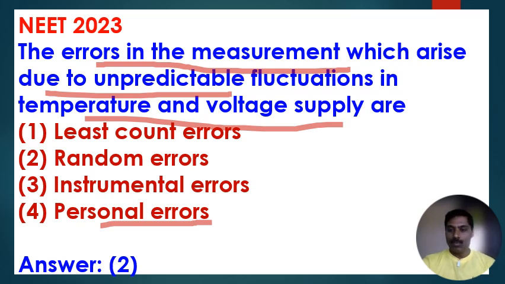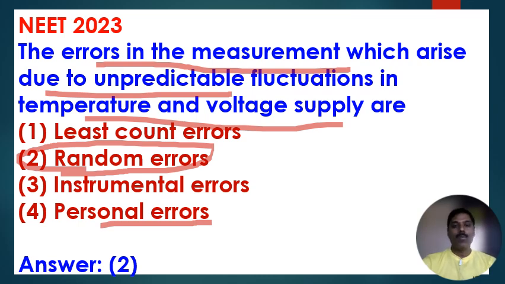If one has gone through that lecture, it is not a difficult task to understand the answer for this particular question, wherein the answer is random error. So if you have not understood what would be the reason for selecting this answer, please watch the second lecture, which is provided in the description in terms of the link.